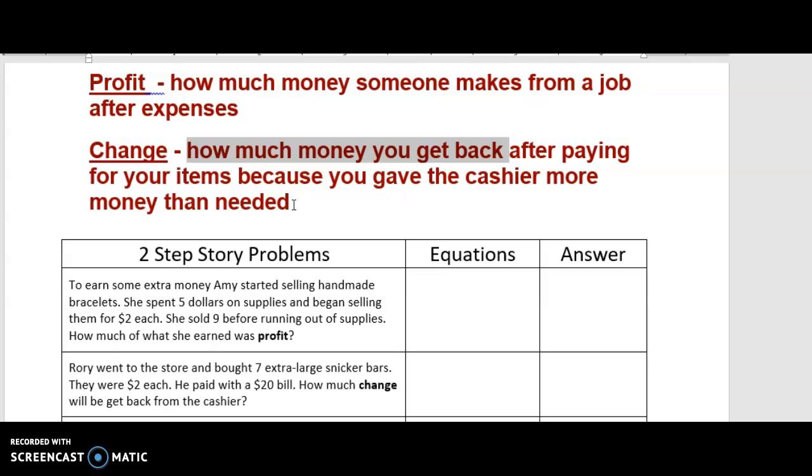You didn't have exactly $18, but you had a $20 bill. So your change would be $2 because she gave you $2 back. If your bill was $95 and you only had a $100 bill, your change would be $5 because you gave the person $5 too many.